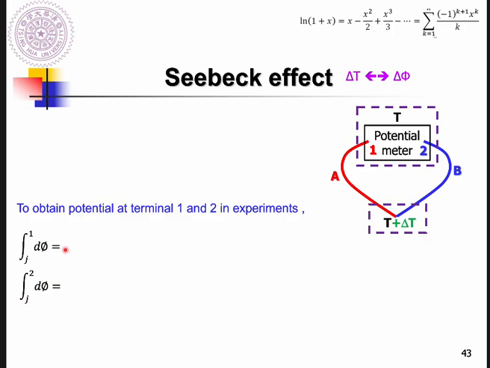Then I will get, for this one, φ1 minus φj, right? And for this will be φ2 minus φj. So if I get this value and this value, then I use this one minus this one, I can get φ1 minus φ2, that would be φAB.